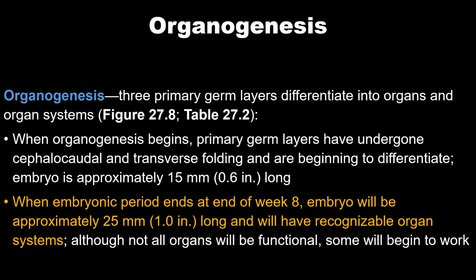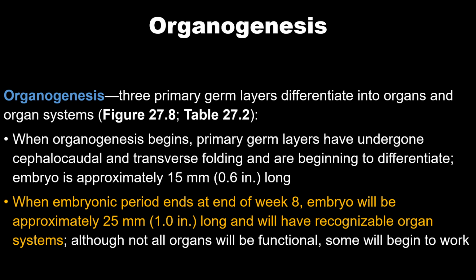When the embryonic period ends at the end of week 8, the embryo has almost doubled in length to 25 millimeters long and will have very recognizable organ systems. Although not all of them are functional, some will begin to work. Now let's look at the major structures by examining the differentiation of each primary germ layer.